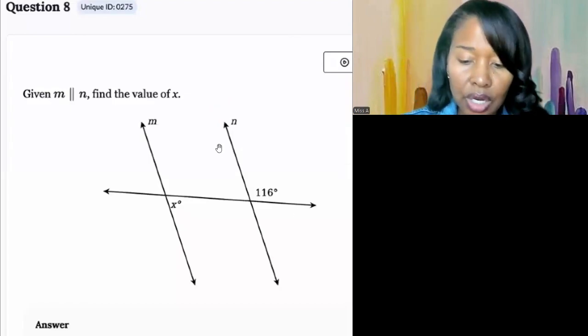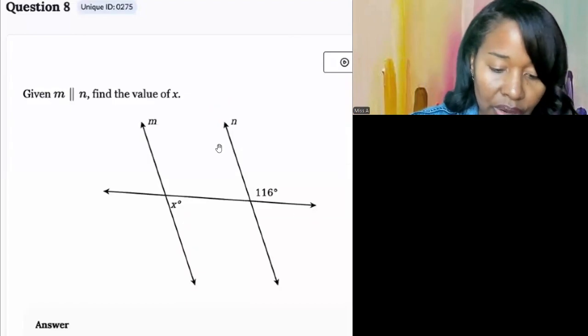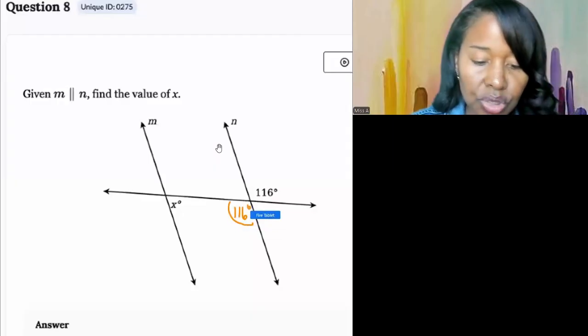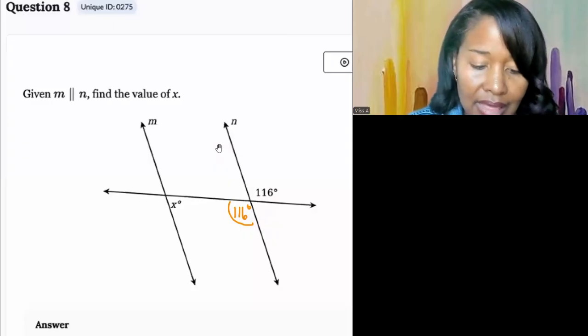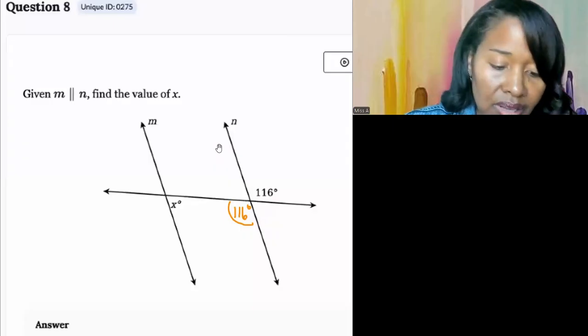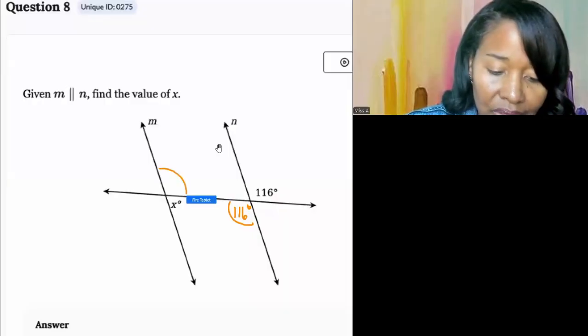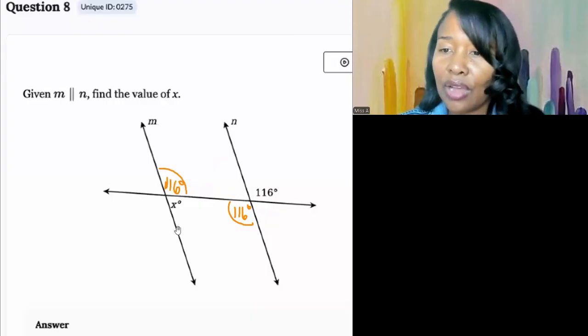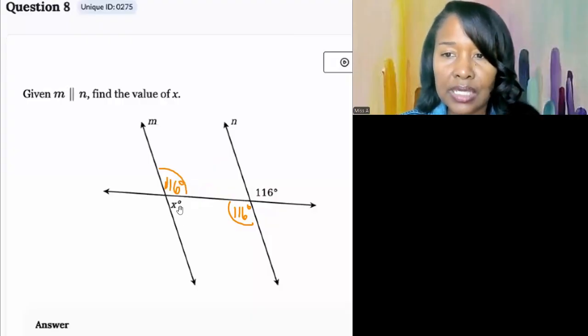So if this is 116 degrees, then this part is also 116 degrees. And because of alternate interior angles, this angle here is 116 degrees. And from that, we can now figure out the value of this angle.